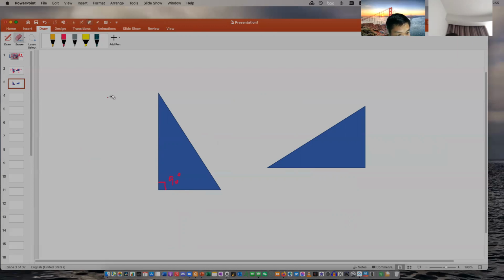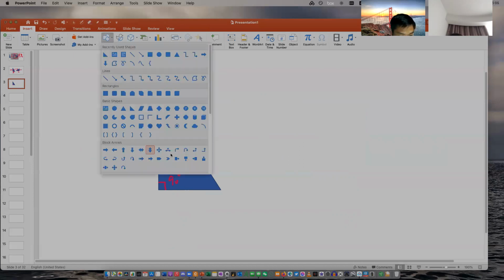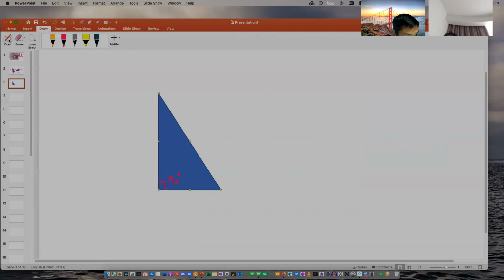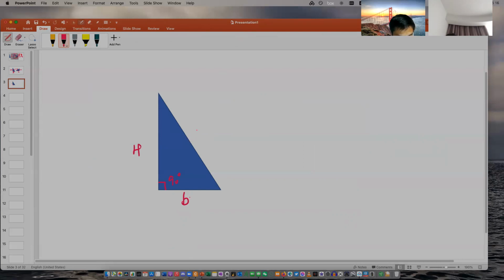It sounds very complicated, but actually the formula is very simple. So this is the base, this is the height, and this is called the hypotenuse. I use short form.